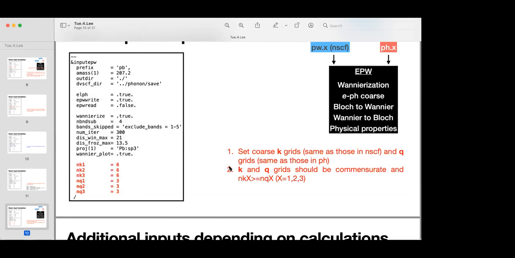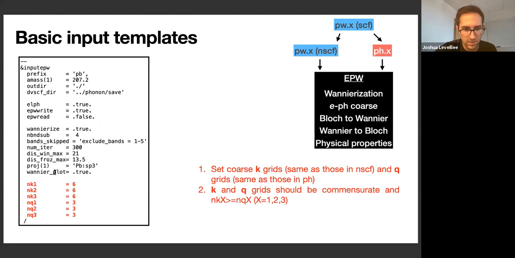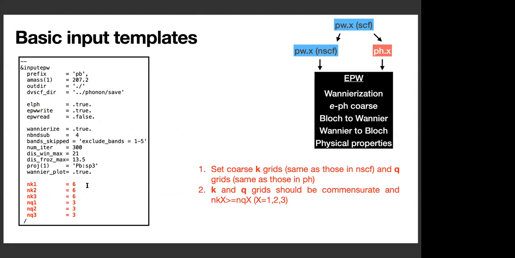Yes. The next one is related to the coarse k and q grid. In this case, you have no choice. For example, this NK1 to 3 should be exactly the same as the number of grid used in your previous NSCF calculations.